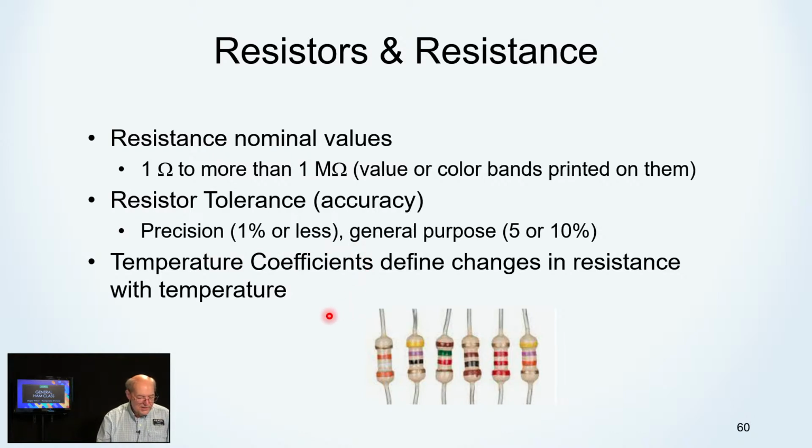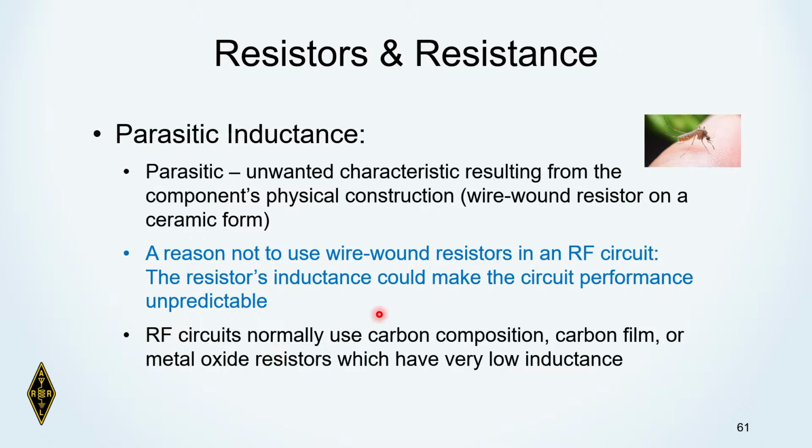Temperature coefficients: when a part gets warm, it may change its resistance characteristics. So when it's running hot, it might change from 1 megohm to 100 ohms less than that, or more than that, depending on if it's a positive or negative temperature coefficient. We won't need to worry about that very often, but in some cases it could apply.